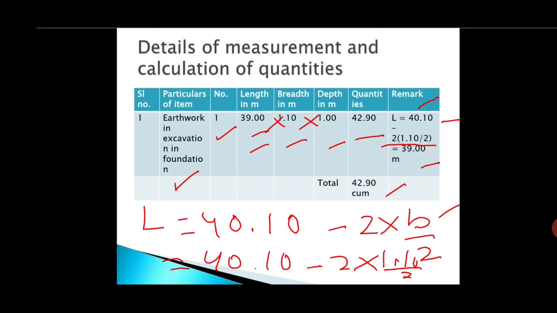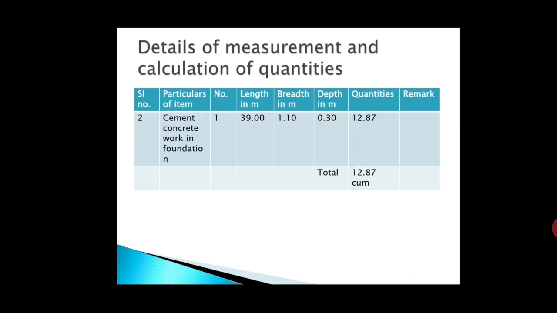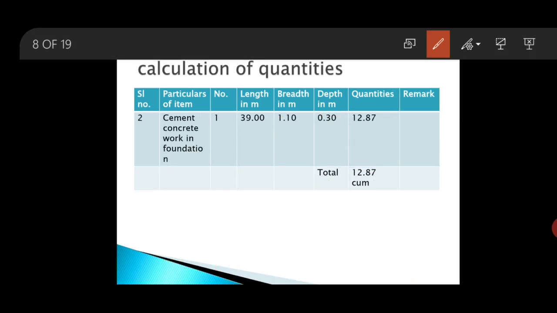Okay. Then we will move to the next item of work, that is cement concrete work in foundation. So see here, for cement concrete work in foundation the number will be 1, and for this case also the length is 40.1, the total center to center length.